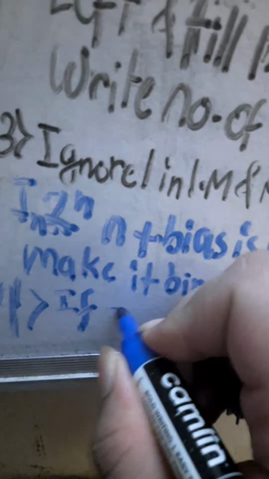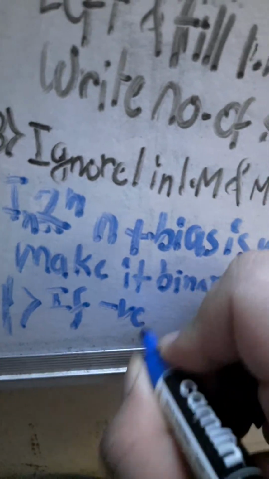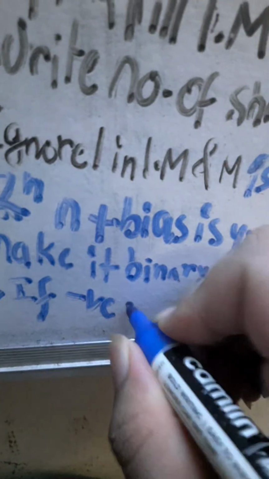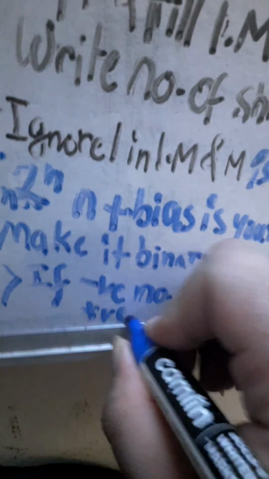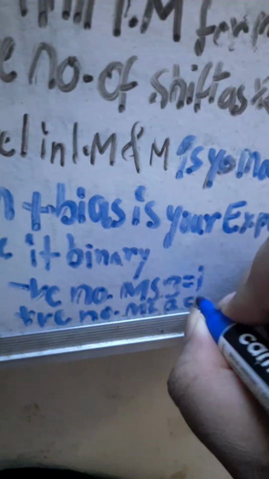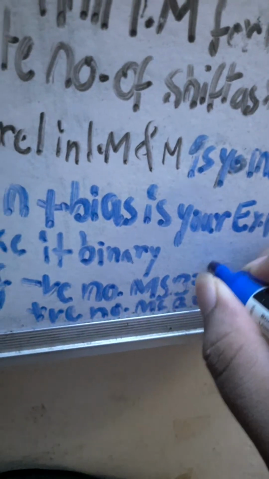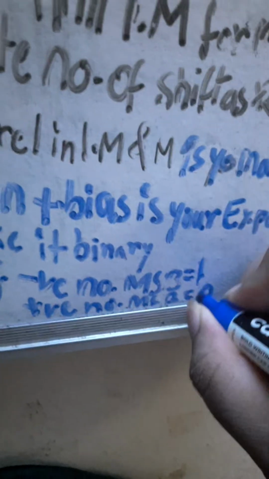So if it is a negative number, MSB equals 1, and if it is a positive number, MSB equals 0.